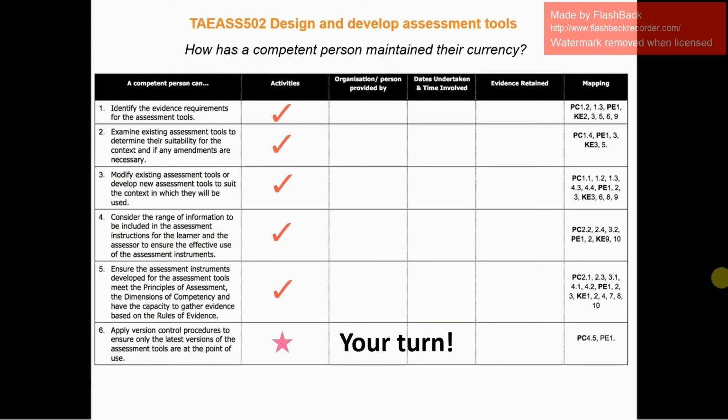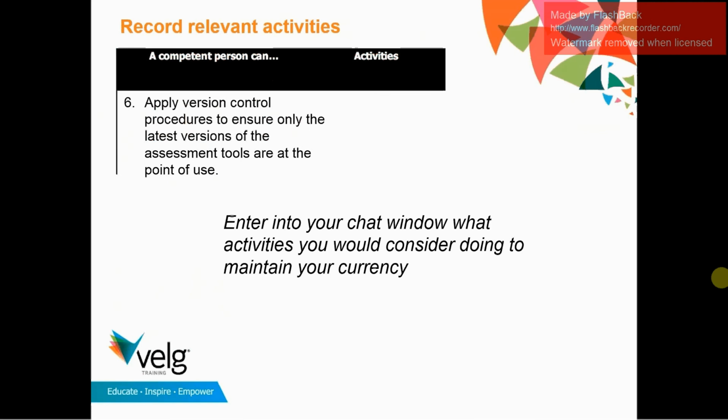I mentioned this one at the beginning, you know, when we talked about right at step number 1, where I identify the evidence requirements for the assessment tool. And right now, step number 6, what we're going to look at is how do we make sure that we version controlled it and it's the only one available.